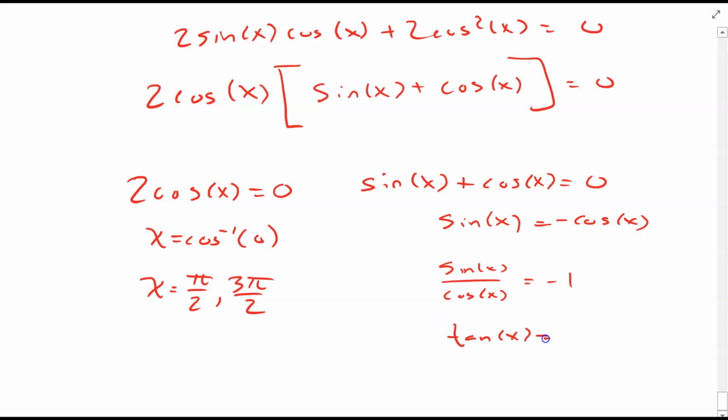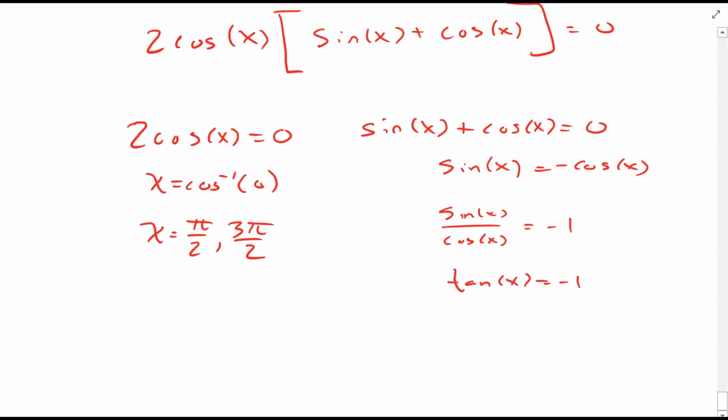Because that makes a tangent. So if you have a sine plus cosine or something like that, you can make a tangent out of it. That's a nice trick. And so when I do that, I go to the unit circle, that's 3 pi over 4 and 7 pi over 4.